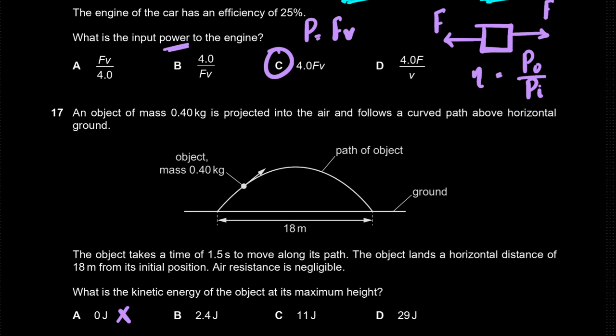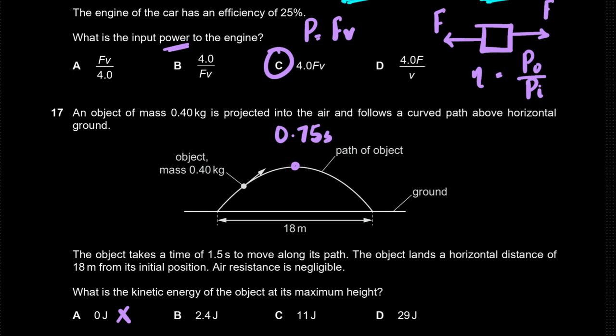So now let's have a look again at what information was given to us. The object takes a time of 1.5 seconds to move along its path. So we can obviously say that in coming up to here, this would take 0.75 seconds. The object lands a horizontal distance of 18 meters from its initial position. All right, so we didn't even need to identify this.